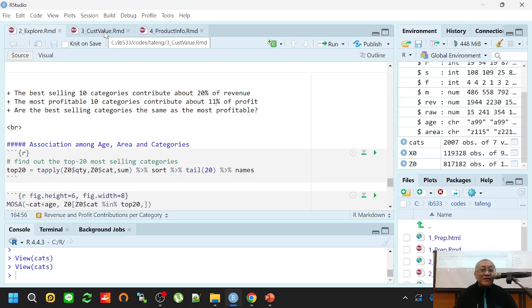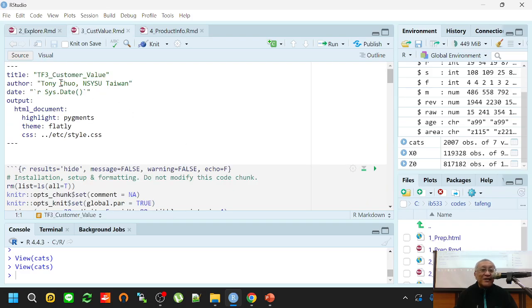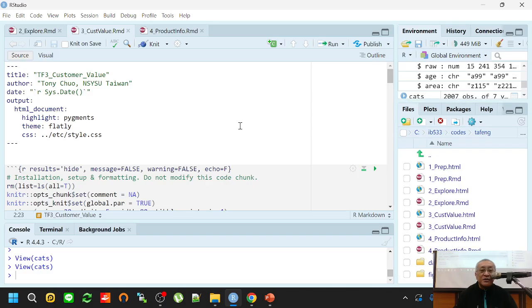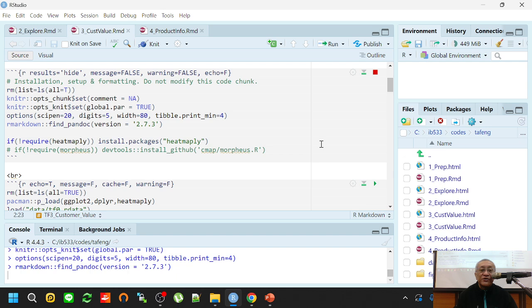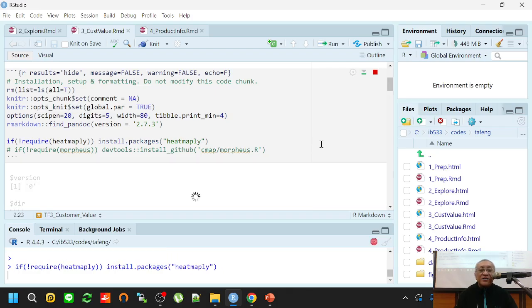Now let's take a look at notebook 3, and in this notebook, I will focus on customers, especially the value of customers. Again, we can execute the first chunk.